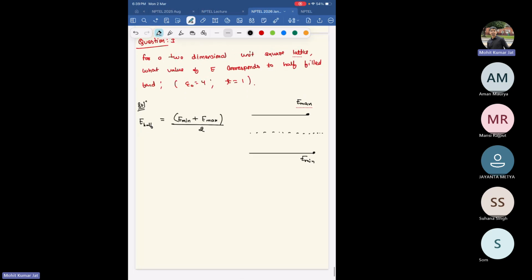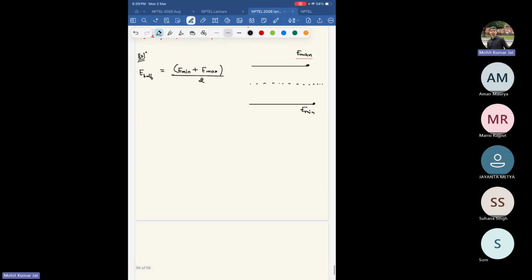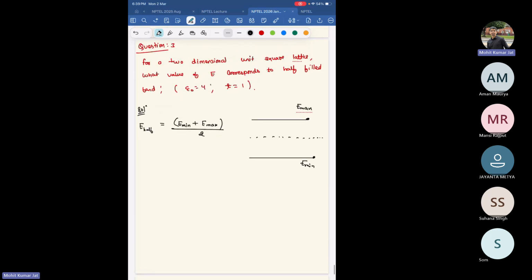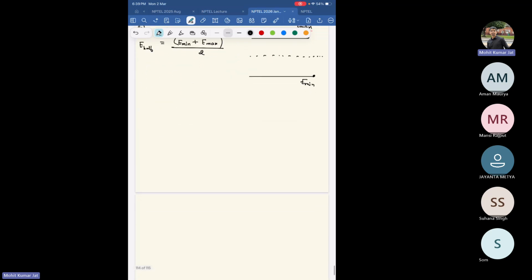Now to determine this, first we'll have to see the energy expression for a two-dimensional unit square lattice. We know that energy goes as E naught, that's the shift in the energy, and then 2 times t, the hopping parameter, times cosine kxa plus cosine kya.